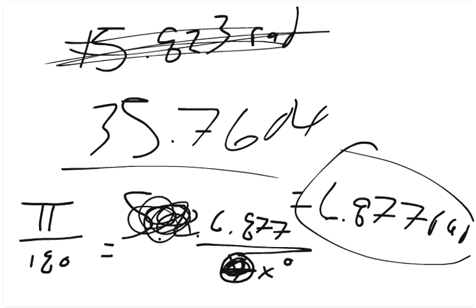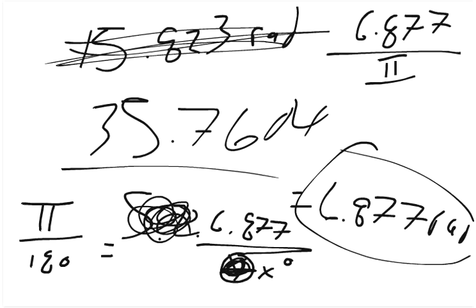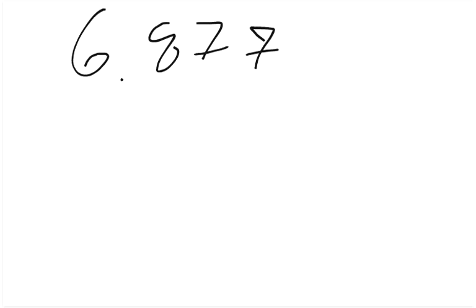You can solve this by taking 6.877 and dividing it by pi over 180. So this is going to equal 394 degrees.